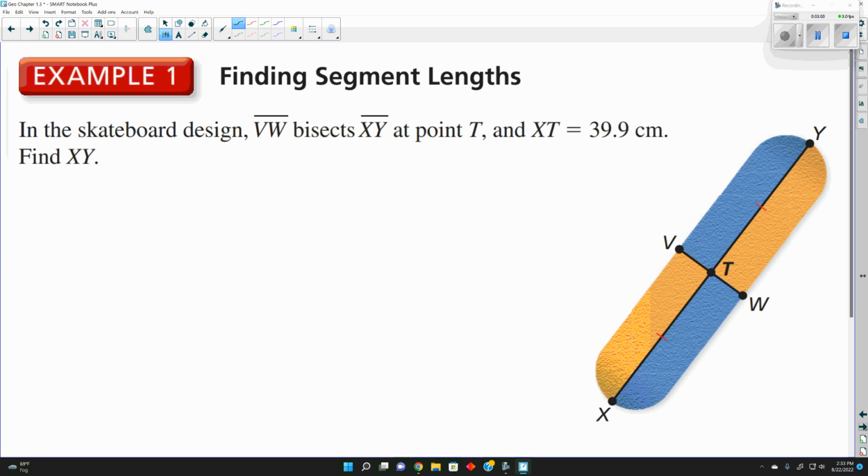So let's look at the first example problem. The skateboard.